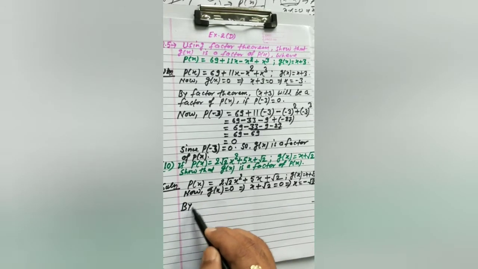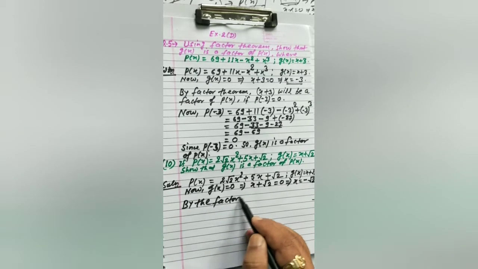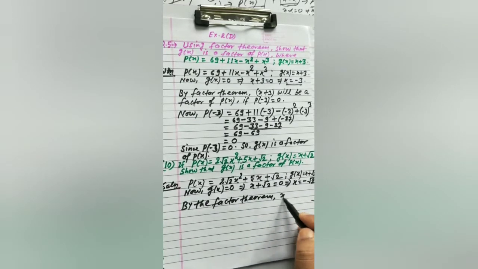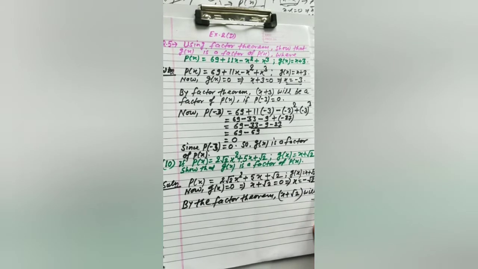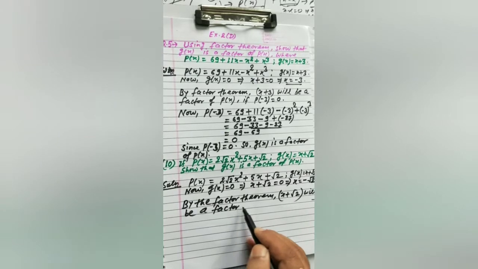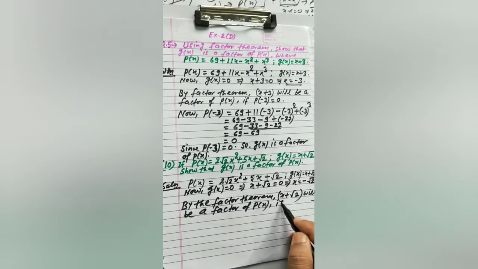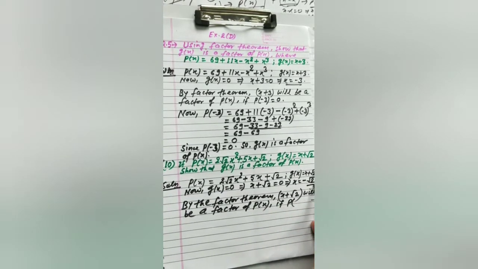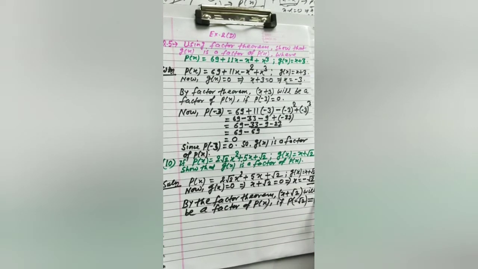Now write here, by the remainder theorem, by the factor theorem, x + √2 will be a factor of p(x) if the value of this polynomial at x equal to −√2 is equal to 0.